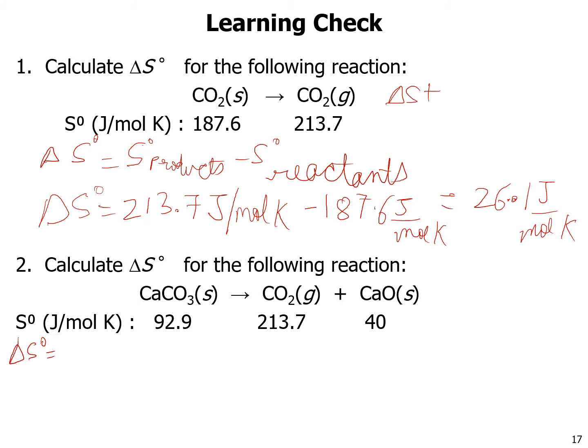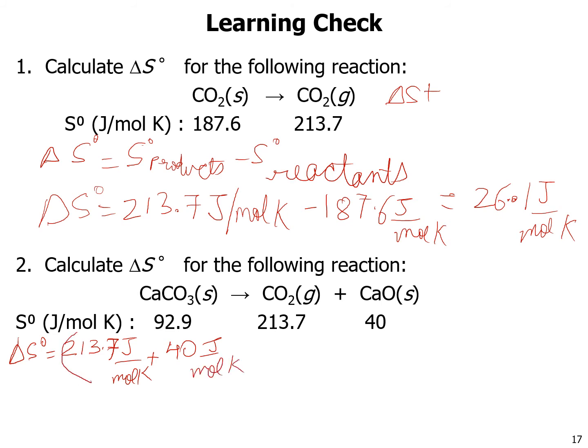So delta S naught in this case is going to be the sum of S naught for the products, right? So we have 2 products here. First we are going to add these. I only have 1 of carbon dioxide, so it's going to be 1 times 213.7 joules per mole Kelvin plus the second product, calcium oxide, which is 40 joules per mole Kelvin.